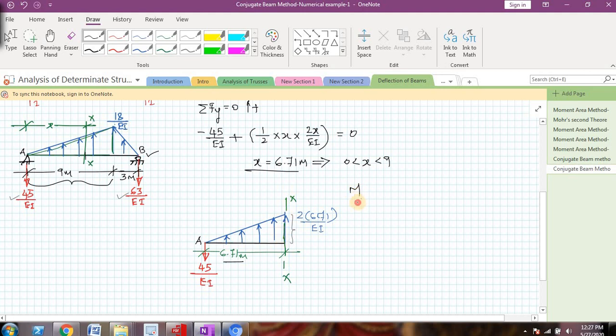So the moment at section XX is equal to, this 45 by EI will cause a hogging bending moment, so I should write it as minus 45 by EI multiplied by 6.71, and this UVL at section XX will cause a sagging bending moment, so I should write it as plus.